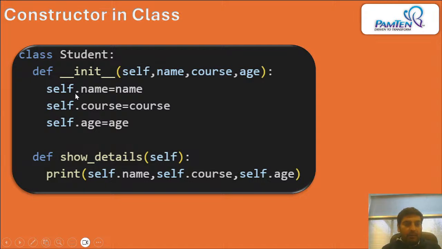The first parameter is self, and since this is a student, it will have a name, course, and age, and I'm assigning all of these values to the features of the student, and then I shall show all the details. Now let's go to Google Colab and create this.